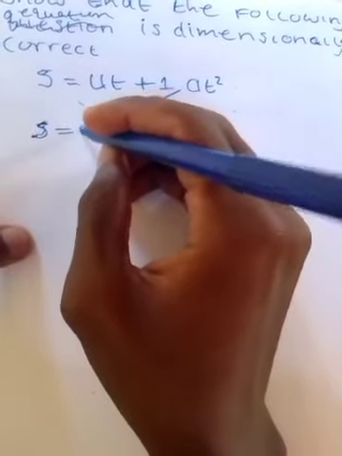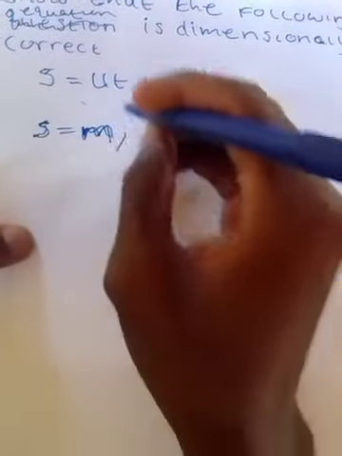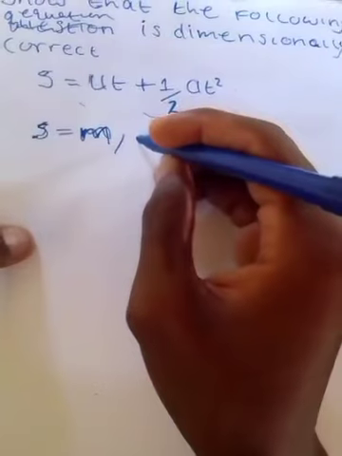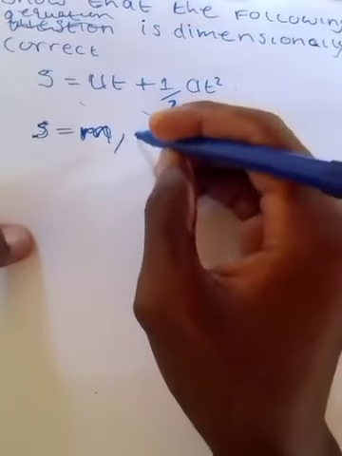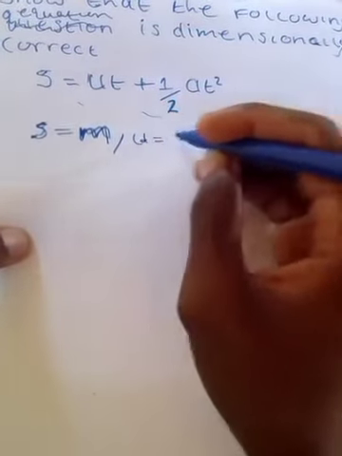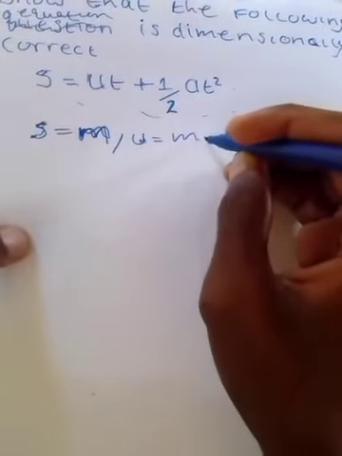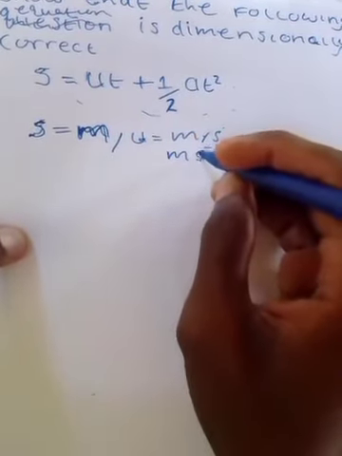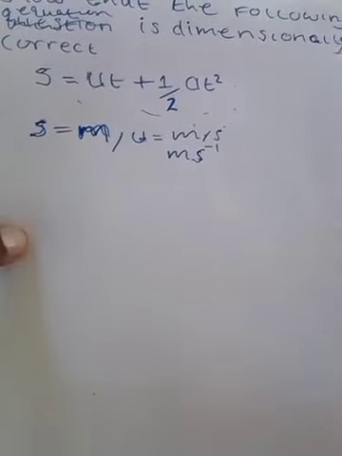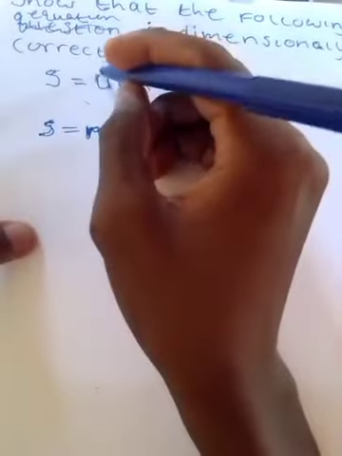U is representing velocity, so velocity is measured in meters per second, or just meters with the negative s exponent when it goes on the numerator. This u is just initial velocity. V represents final velocity. Don't get confused, they are all velocities.